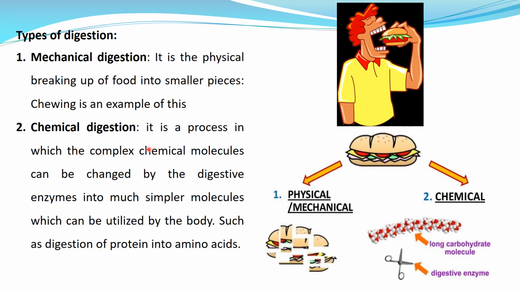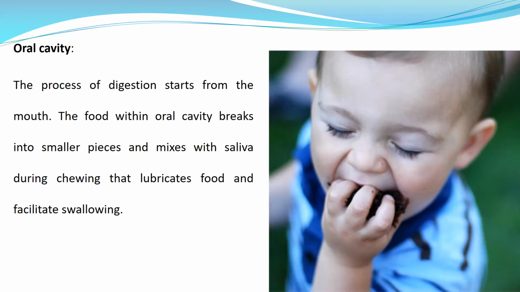During this process, large molecules such as polypeptides, proteins, and carbohydrates can be broken down or chopped into simpler subunits or molecules such as amino acids and monosaccharides, and so on. So these two processes are the most common.